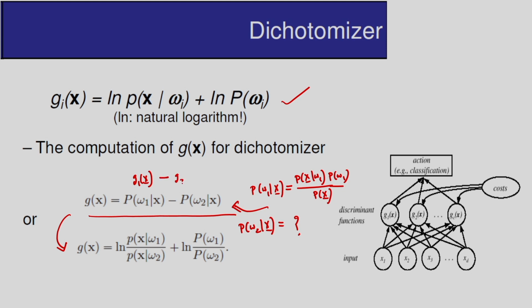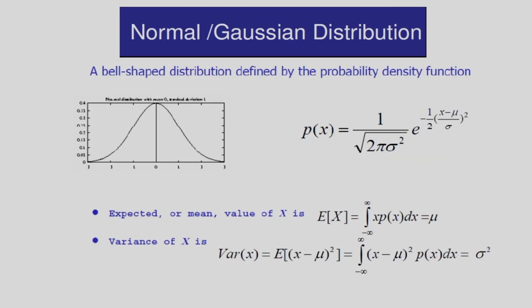Now I will discuss the concept of the normal distribution. Already you know what the normal distribution is. Here I am showing the density function corresponding to the normal distribution: p(x) is equal to 1 by root over 2 pi sigma square, e to the power minus half ((x minus mu) by sigma) whole square.